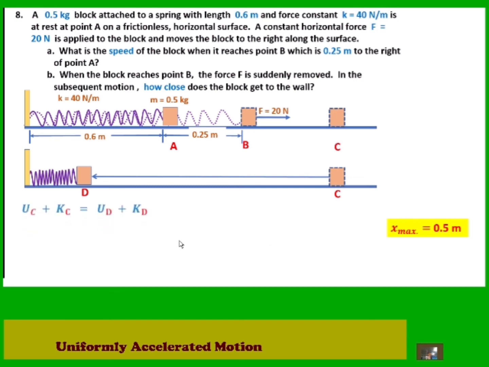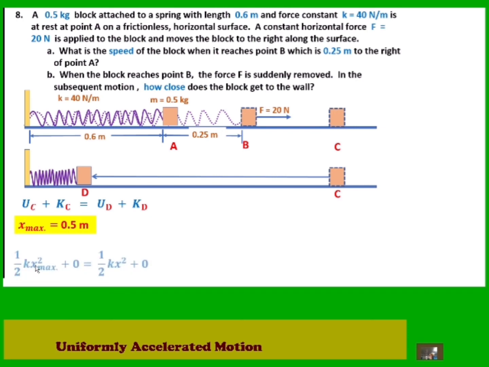Now let us consider the motion from point C to point D as the block moves back to the left due to the elastic potential energy. At point C, its elastic potential energy is equal to 1/2 k x maximum squared. Its kinetic energy at point C is 0 since it stops for a while.